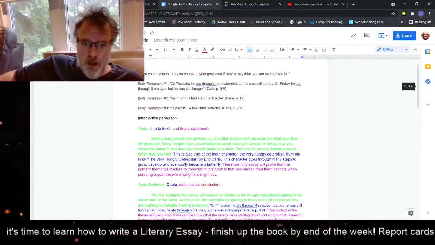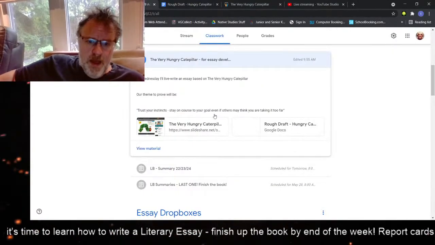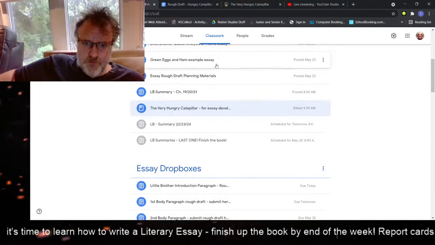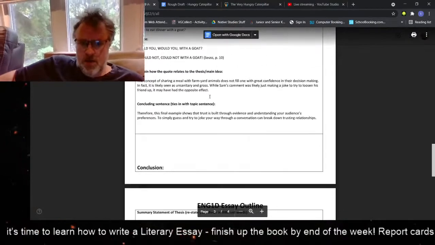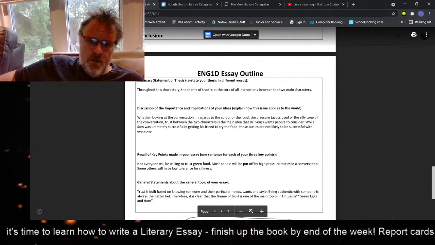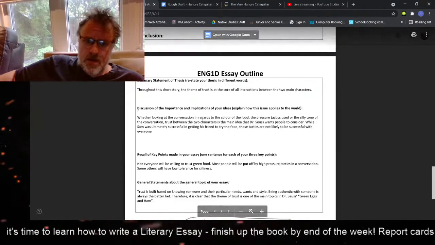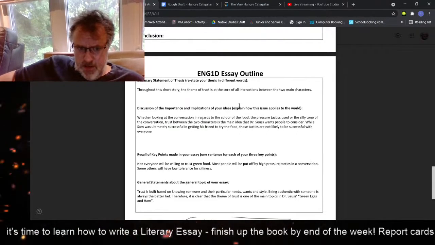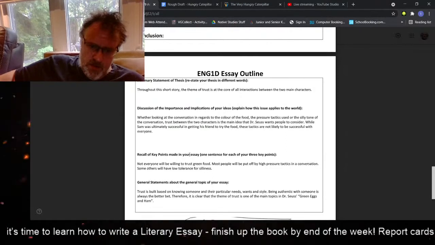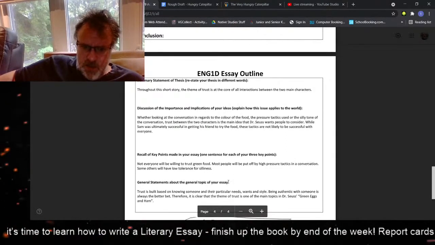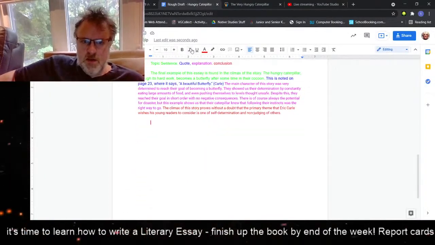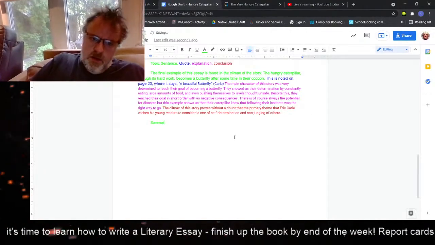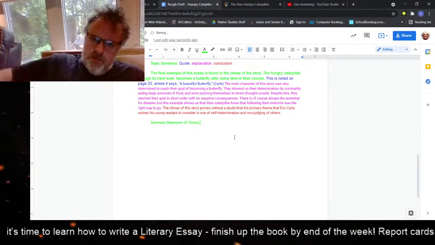Okay, so if we hop back into the essay plan very quickly, the green eggs and ham essay, and we take a look at what the prompts are for the conclusion. Okay, summary of thesis statement, discussion and importance of implication of your ideas, recall key points, and then general statements about the general topic of your essay. Okay, so let's put a color code system down here again. The first one is green. We'll say summary statement of thesis.